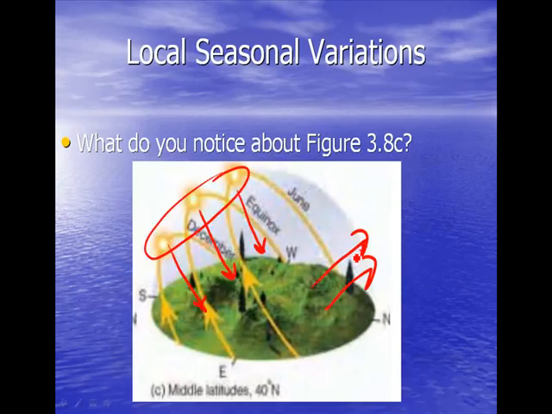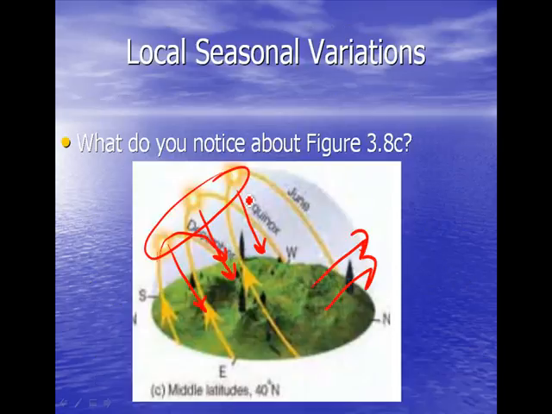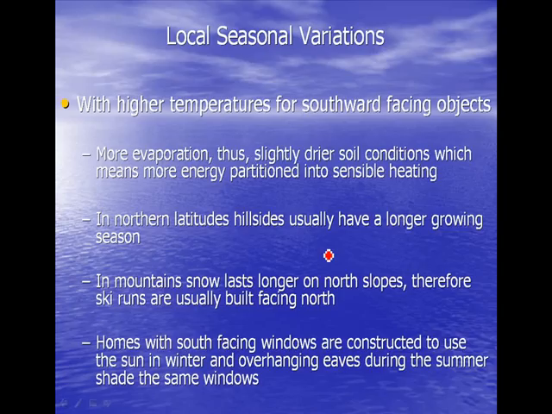Recall, even during the wintertime, the sun comes up in the southeast, reaches its highest point, and sets in the southwest, so southward-facing windows are an advantage. Now, during the summer, again, you see right here, during the June position of the sun, you would need some eaves to help block out some of the incoming solar radiation to shade those same south-facing windows.